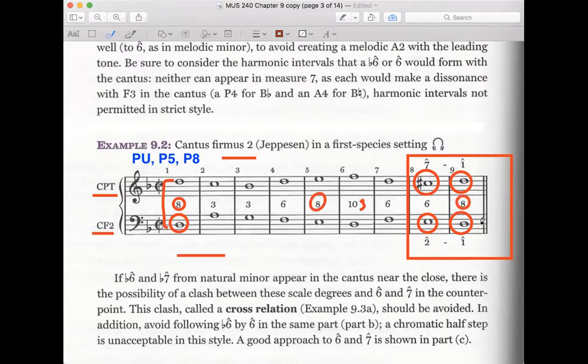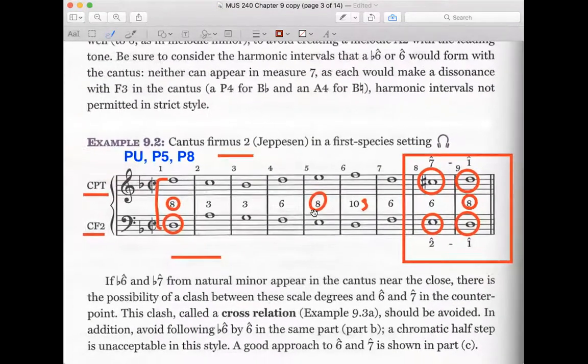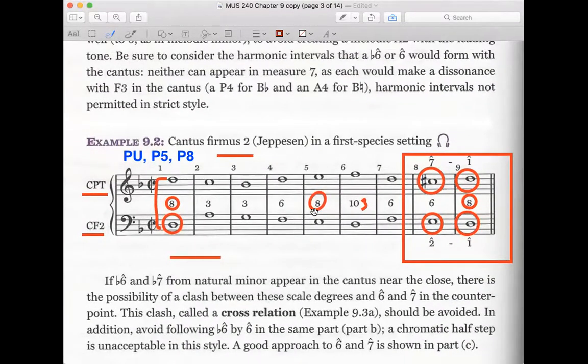Okay. Why do I circle the octaves? Well, that's because I'm teaching a style that's more common. This textbook does not use all the same things that I do, but I would encourage you to start circling your perfect intervals.